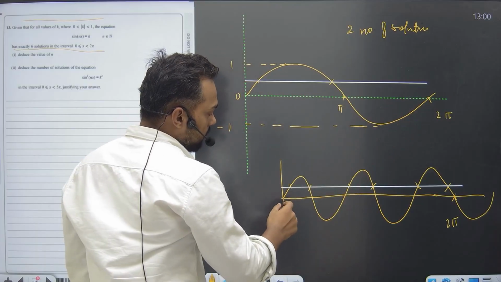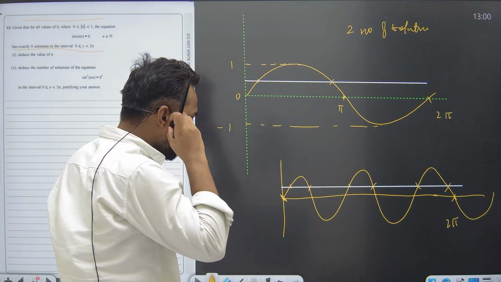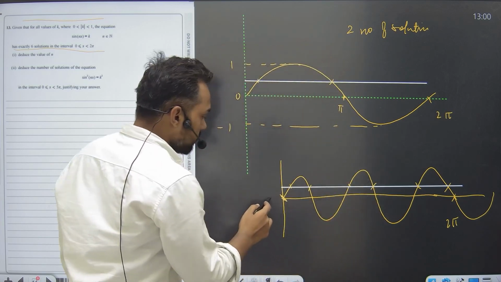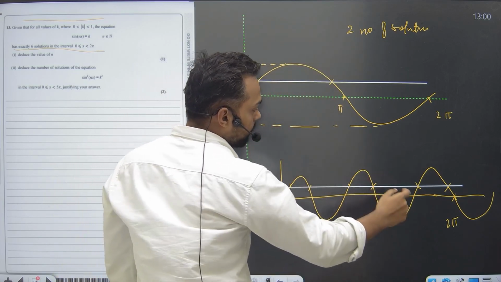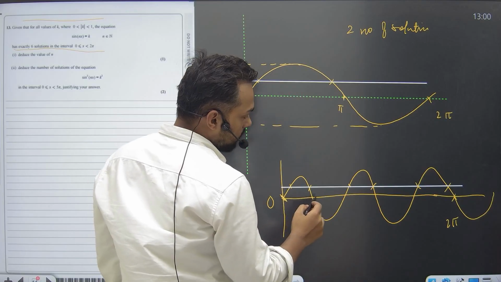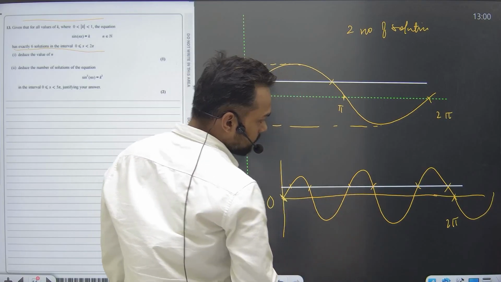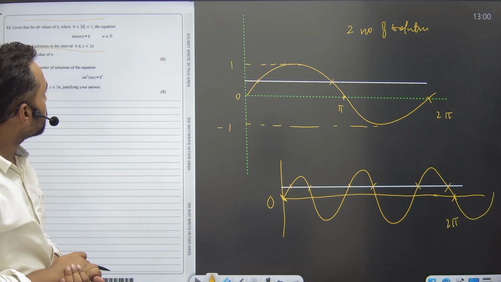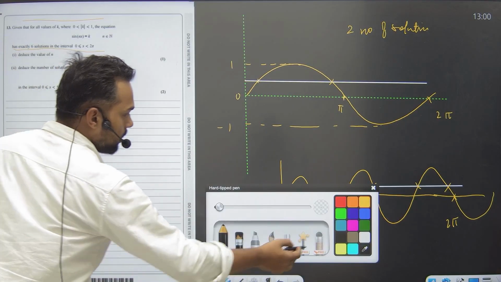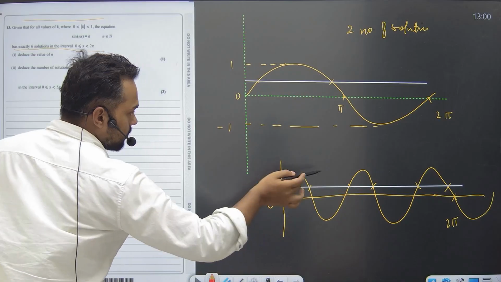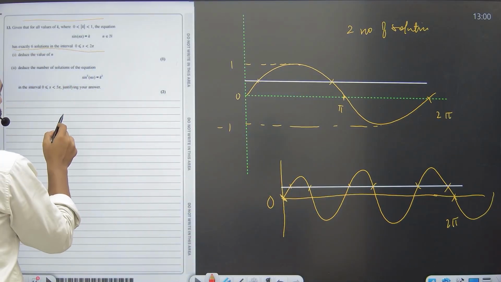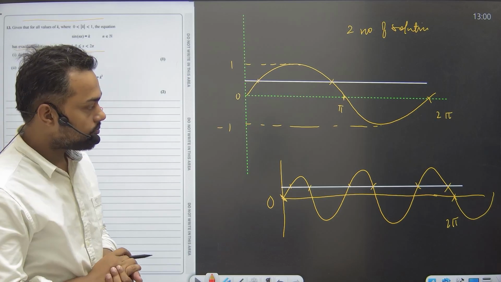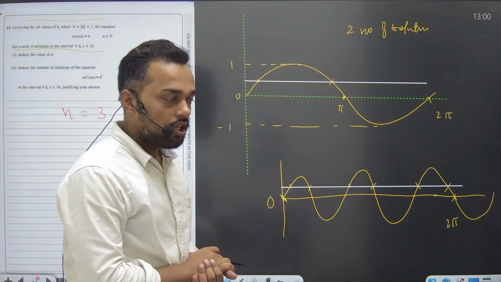But according to the given question, it must have 6 solutions, so we can say 1, 2 and 3 periods are observable here. So for 6 solutions, students, the value of n should be 3.